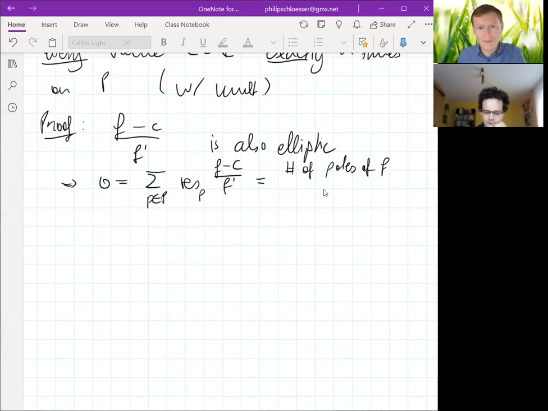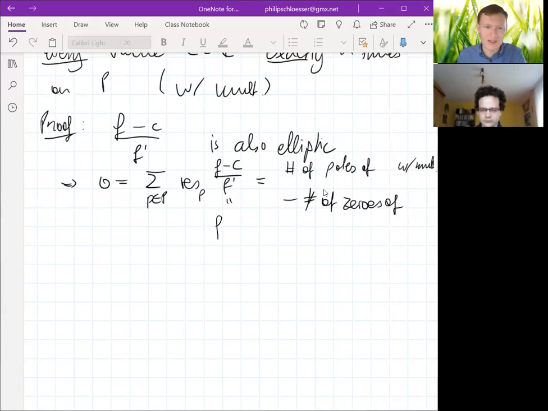f, with multiplicities, minus the number of zeros of f minus c. Note that this is really equal to the derivative of f minus c over f minus c, which should be a bit more recognizable.